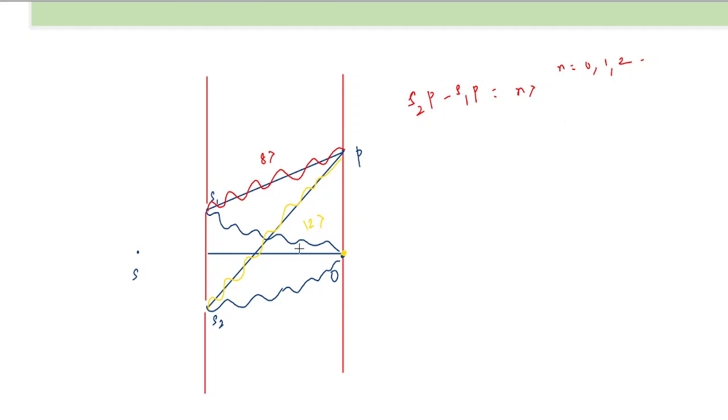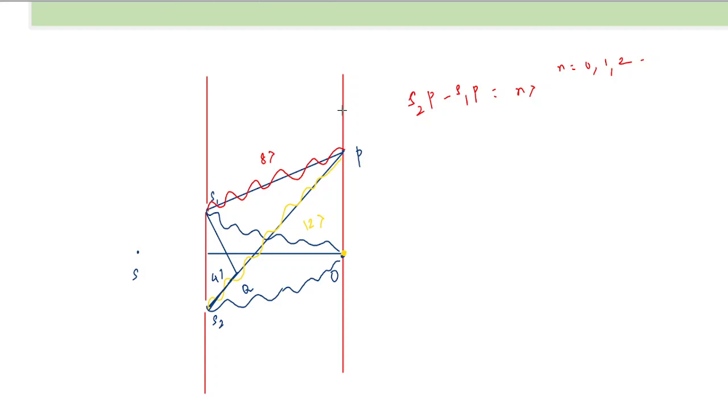So this would give rise to constructive interference. To understand this, if we drop a perpendicular from this point onto the line S2P, and call the foot of it point Q, this distance S2Q is the extra distance traveled by the wave. In this case, it will be 4 lambda.